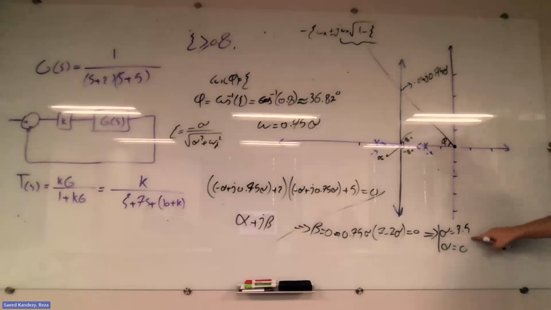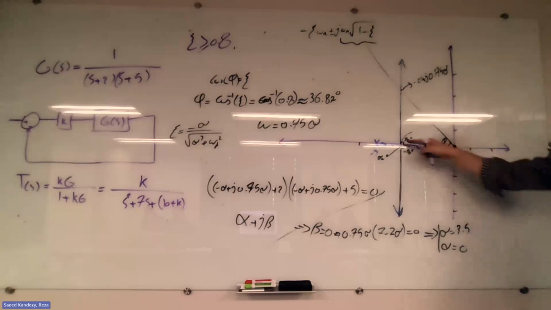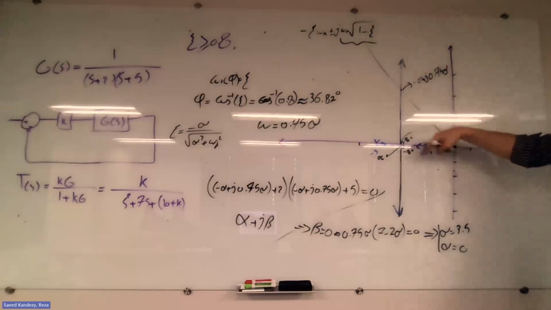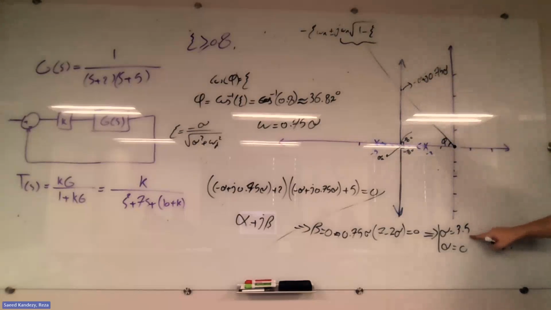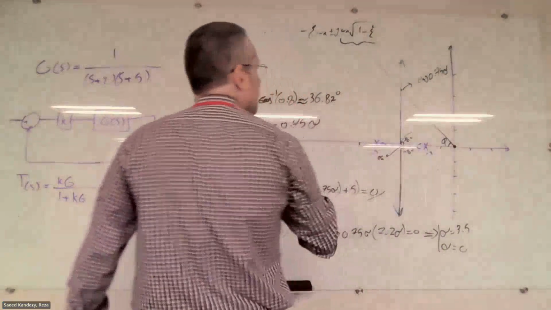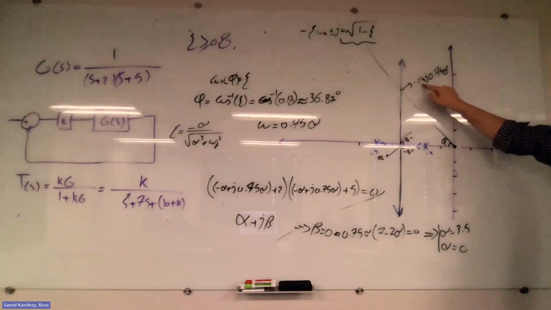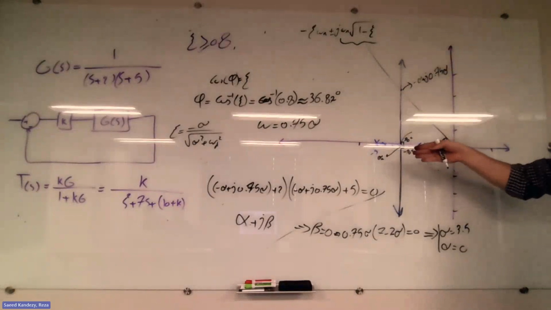So it must be the other one, which is actually in our trajectory because we know that our trajectory leaves at minus 3.7. So the real part for this pole is going to be minus 3.7, which makes sense.